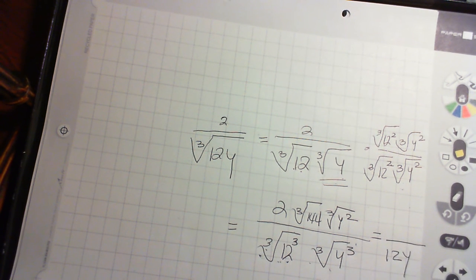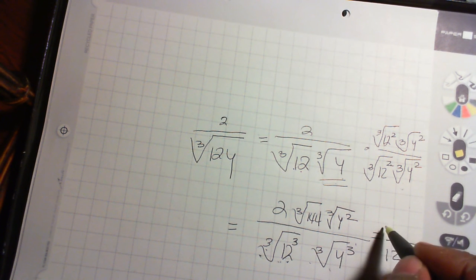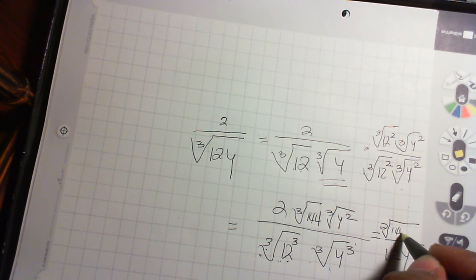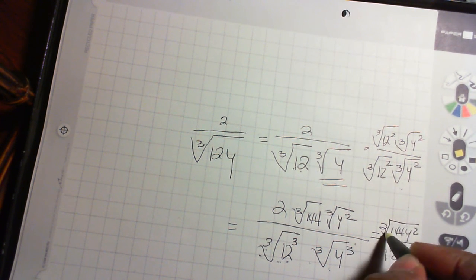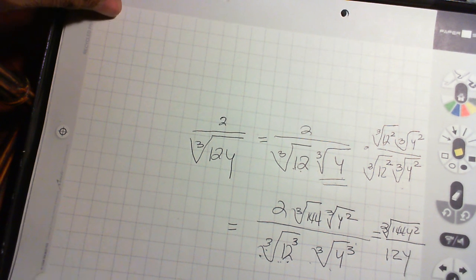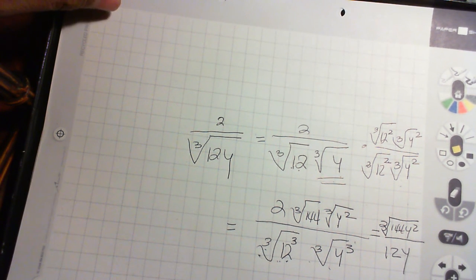The cube root of y cubed is y. The top you can combine because we have the cube root of 144y squared. Okay, a little more complex than the previous ones, but you should be able to do this one.